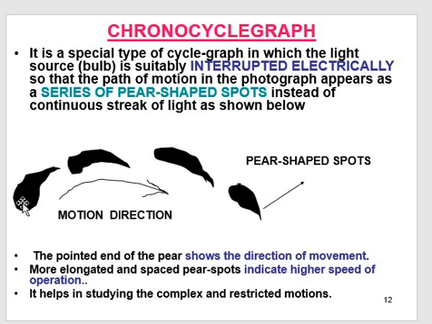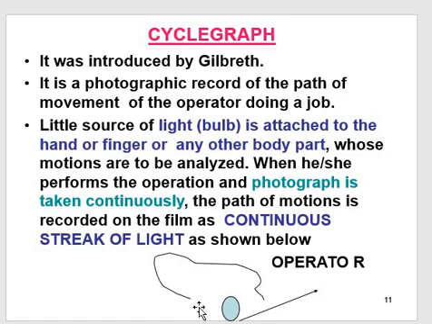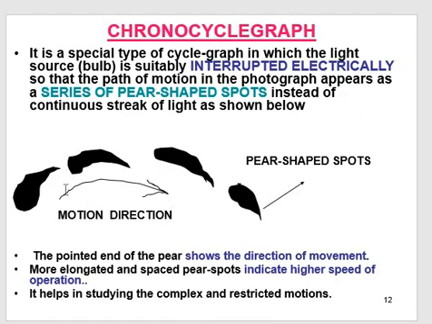So you notice these are the pear-shaped spots instead of a continuous streak of light. So instead of this continuous streak of light, here in the chronocyclegraph, it is a series of pear-shaped paths. Okay, so this is the direction of the motion. Okay, from the curve to the pointing side.